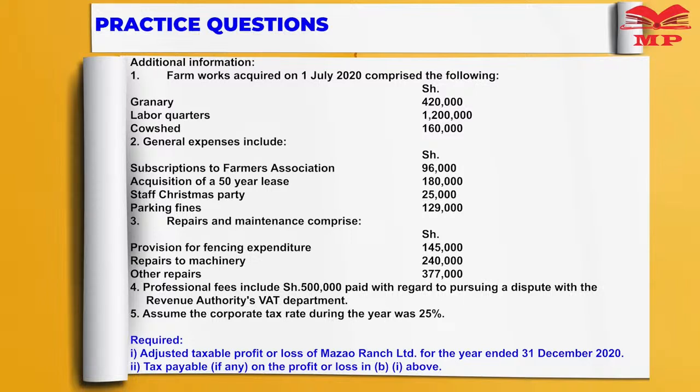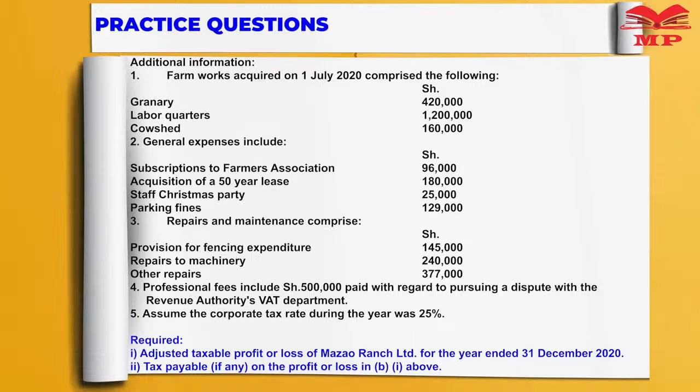Number 4, professional fee includes 500,000 paid with regard to pursuing a dispute with the Kenya Revenue Authority, VAT department. Then assume corporate tax rate during the year was 25%. Required: adjusted taxable profit or loss for Mazao Ranch Limited for the year ending 31st December 2020 and the tax payable if there is any.